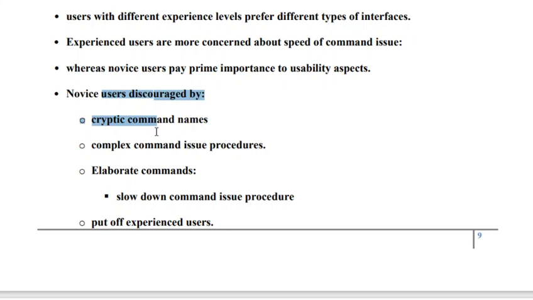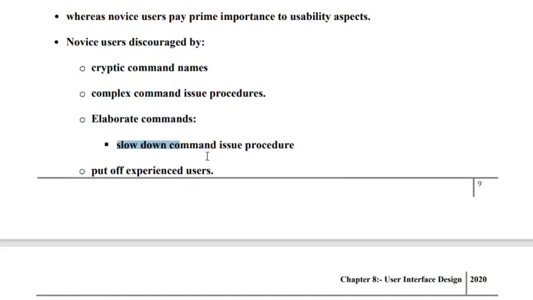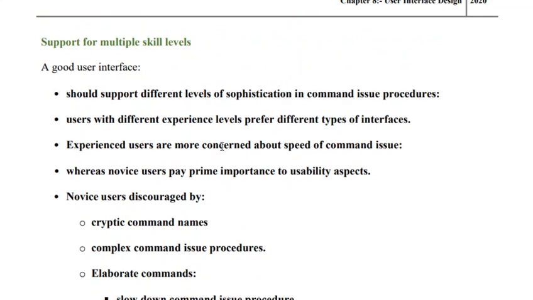If you have difficult command names, and if the command issue procedure is very lengthy or complex, if the commands are elaborate, it slows down the command issue procedure, and it puts off experienced users, definitely, right? So you see, these are some of the aspects that deal with a user interface capable of supporting different skill levels.